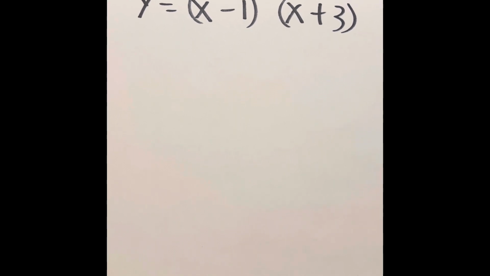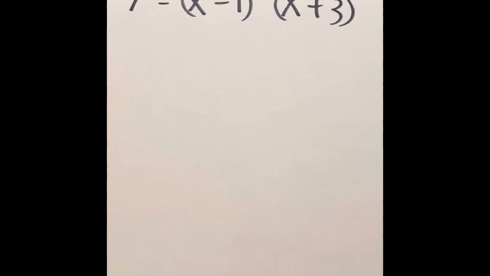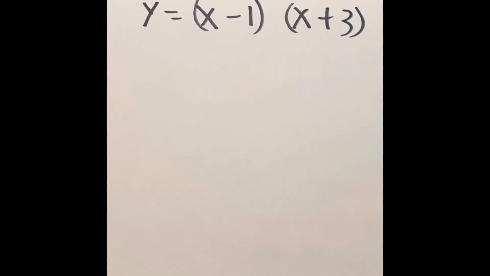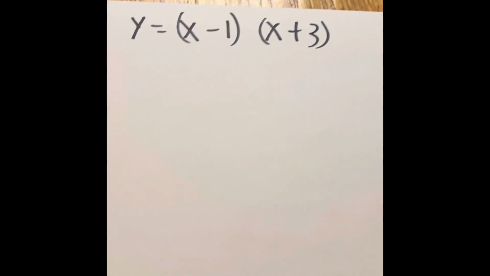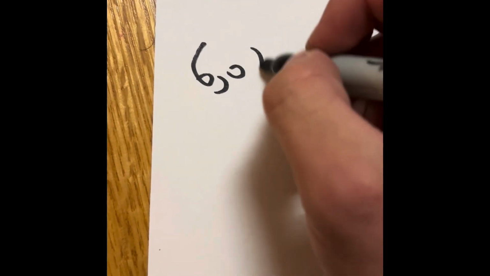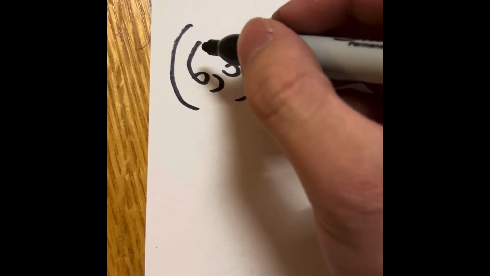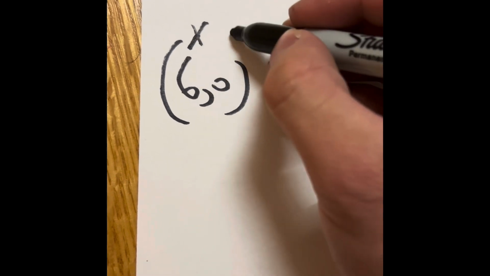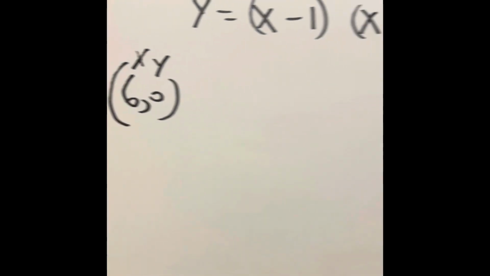To find out what x is, we have x minus 1 multiplied by x plus 3. What we don't want to do is multiply them out. Every x-intercept will have a number besides 0 on its x-coordinate, and always 0 for its y. So let's see what happens.